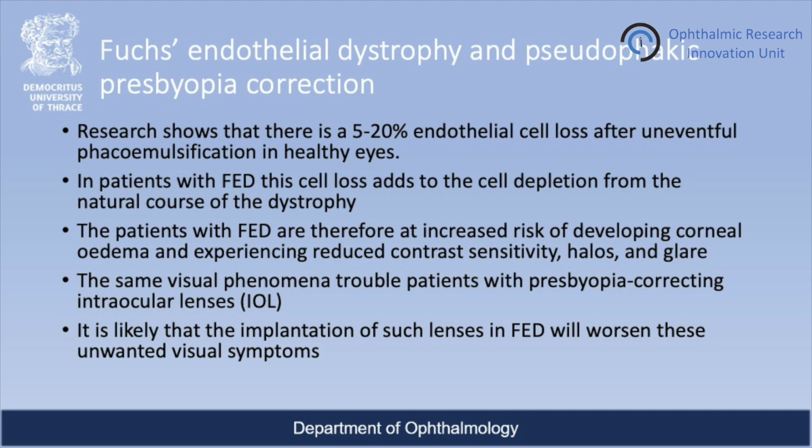These patients are therefore at increased risk of developing corneal edema and experiencing reduced contrast sensitivity, halos, and glare. The same visual phenomena trouble patients with presbyopia correcting intraocular lenses. So, it is likely that the implantation of such lenses in Fuchs' endothelial dystrophy will worsen these unwanted visual symptoms.